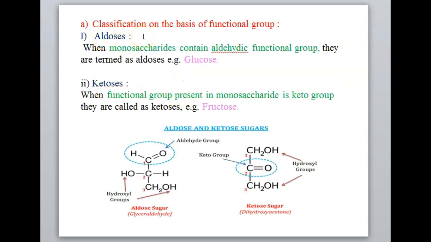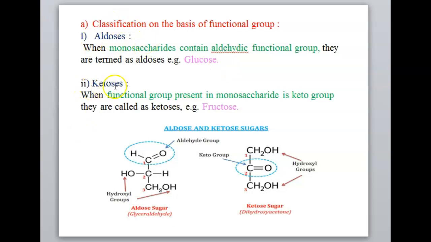Depending on the functional group present in the structures, the monosaccharides are classified into aldoses and ketoses. Now, we see first the aldoses: when a monosaccharide contains the aldehydic functional group in the structure, it is considered an aldose. That means when a monosaccharide contains the aldehydic functional group, it is termed an aldose, and the example is glucose, the best example for the aldoses.